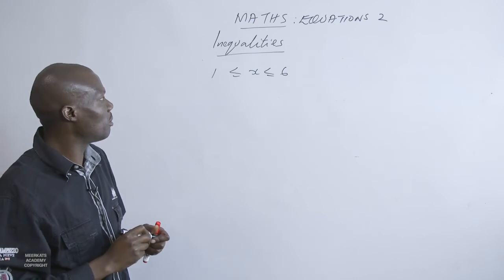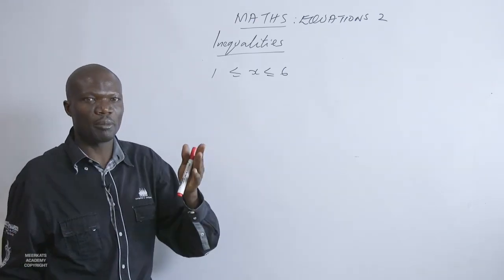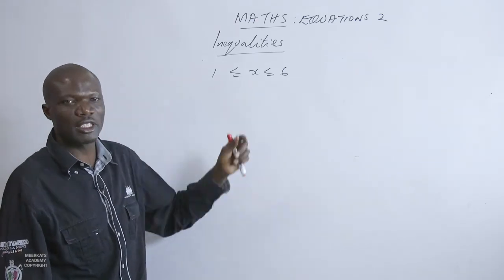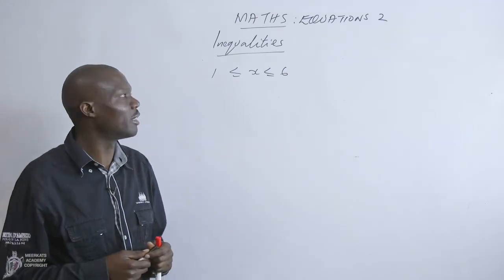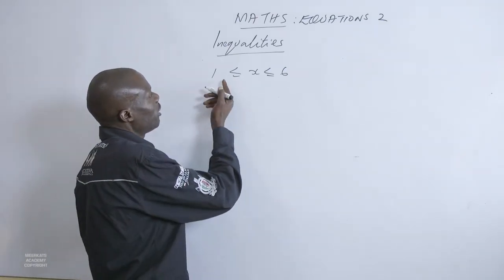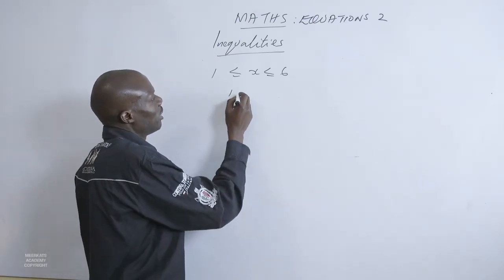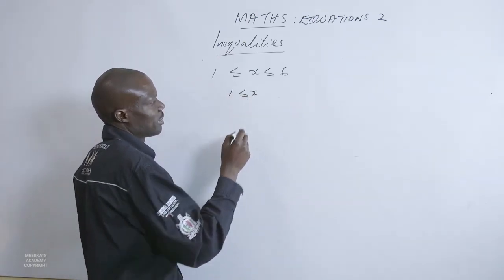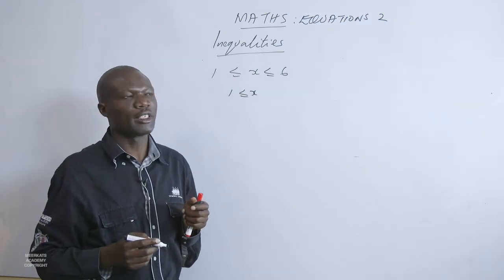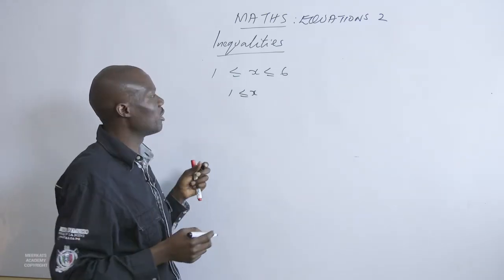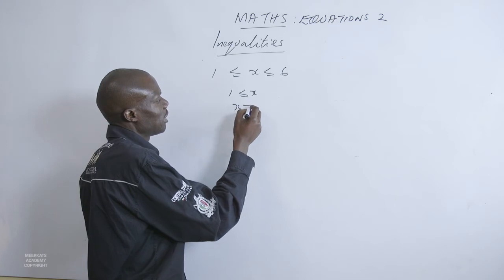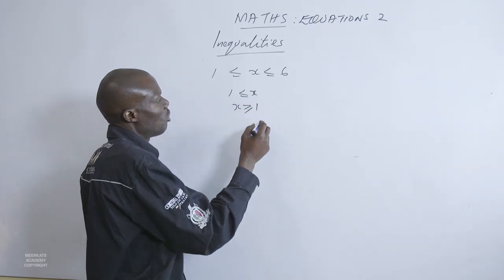Now, if you want to come up with an independent inequality which will still give us the same information, if we say 1 is less than or equal to x, we can reverse that. The equivalent of this is to say x is greater than or equal to 1.